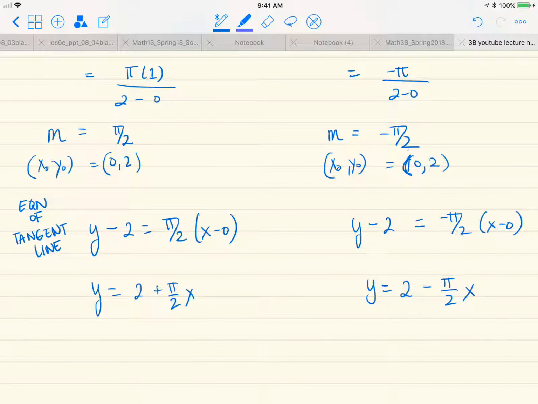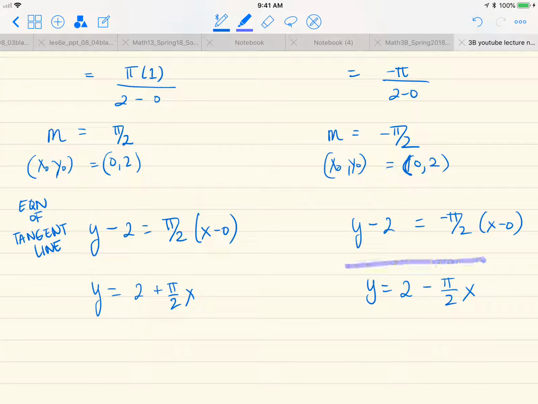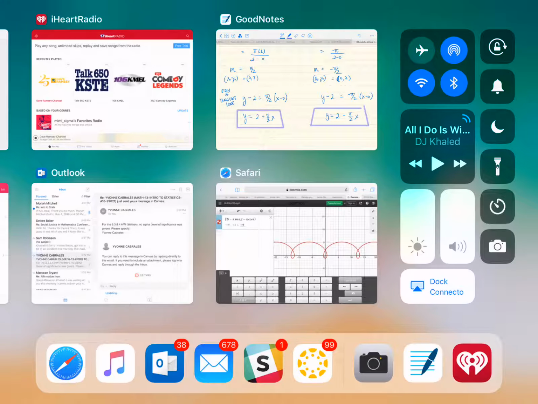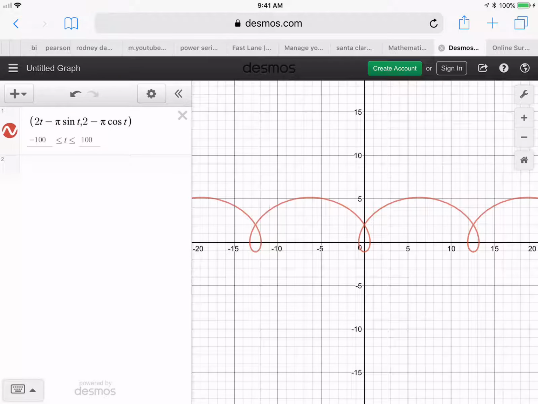Okay, and I just wanted to show you what we can look up on Desmos. The point that we're interested in is at 0, 2.